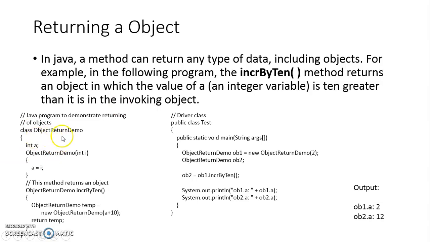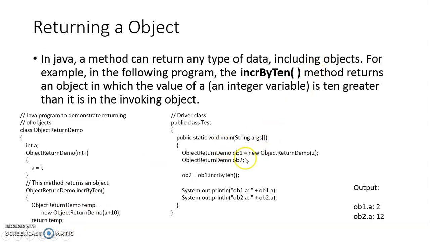Now I have my class ObjectReturn. Here is my constructor. Then here is my function, in which I create an object which will return the value a plus 10.